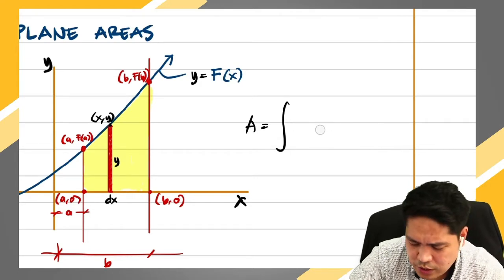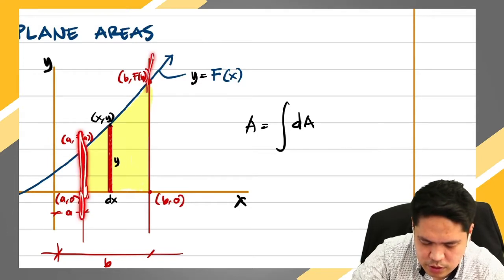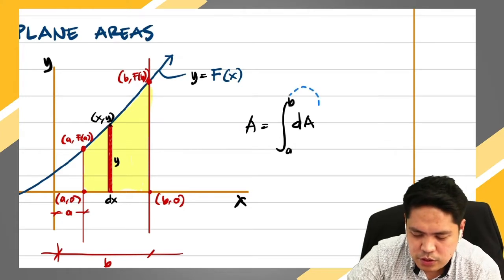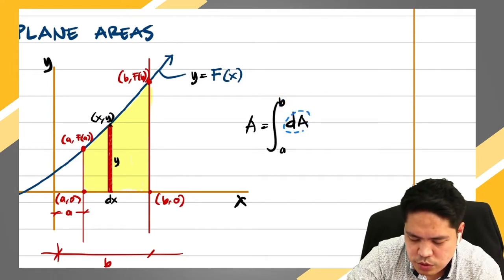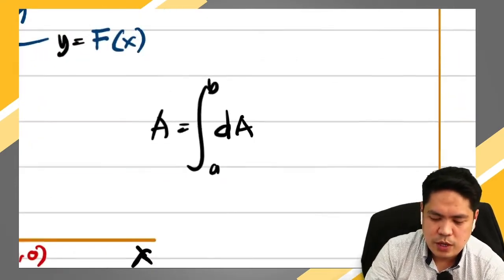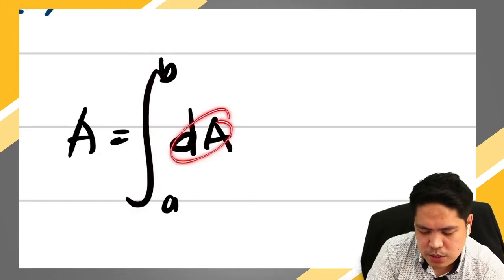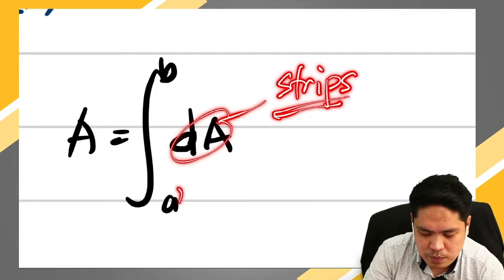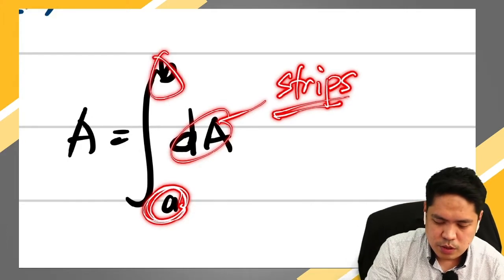So I'll call the differential area dA from this point A to this point B. That's it. So we just interpreted the situation, or we just expressed the situation into a mathematical expression or equation. We have the area equal to the integration of the differential areas. That means the strips or the vertical strips, right? from this point A, that means along the x-axis, this point A to point B.